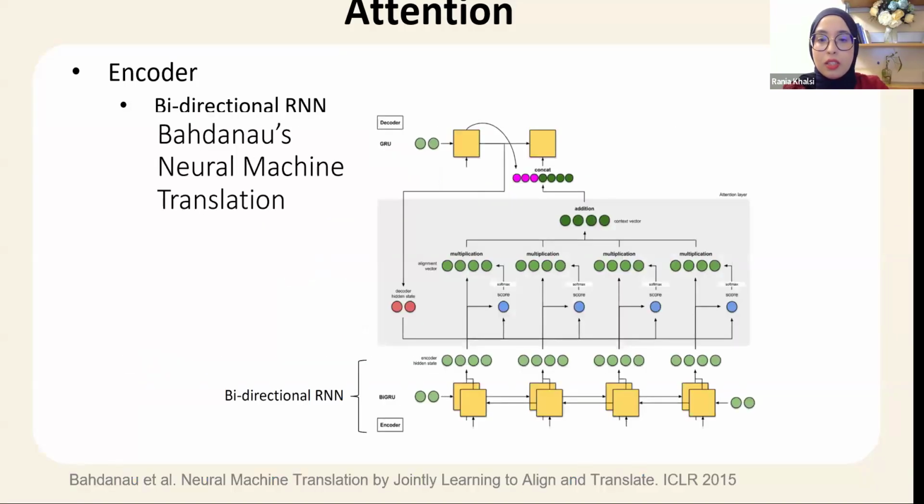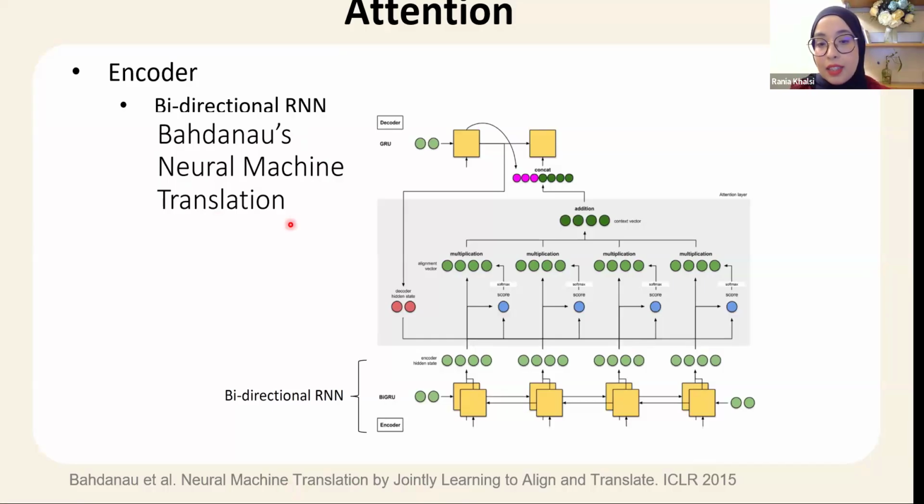So in this context, two architectures were developed and published. One of them is shown here, in this paper from ICLR published in 2015, again a top AI conference. The name of this paper is neural machine translation, Bahdanau's neural machine translation.